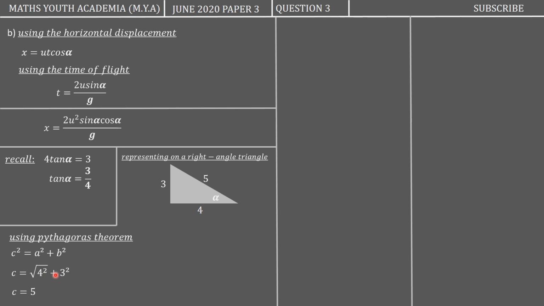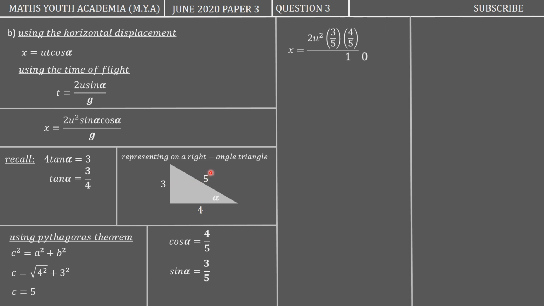I'll have 16 plus 9, which is 25, and the square root gives me 5, which is the longest part, the hypotenuse. We have now cos alpha, which is adjacent on hypotenuse, and sine alpha, which is opposite on hypotenuse. Substituting our information in our horizontal displacement and simplifying correctly, I'll have x as 12u squared on 125.